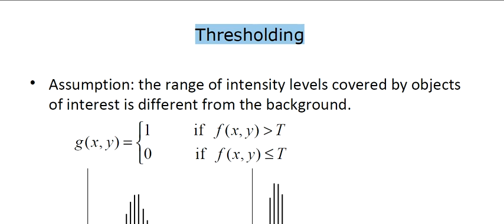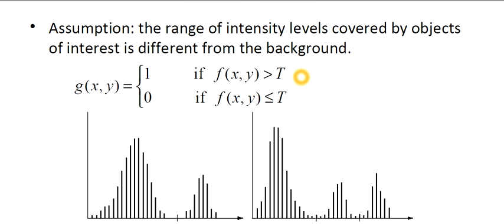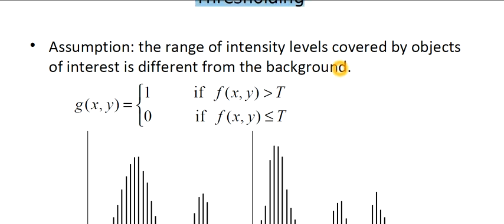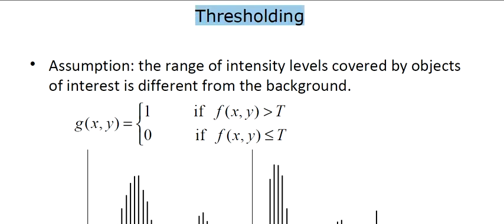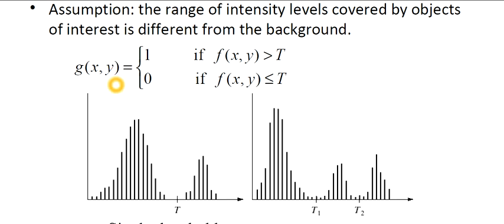The range of intensity levels covered by objects of interest is different from the background; you have to assume that when you are dealing with the thresholding technique. Now we are forming one equation, that is g(x,y) is equal to 1 if f(x,y) is greater than T, and g(x,y) is equal to 0 if f(x,y) is less than or equal to T. And what is T?